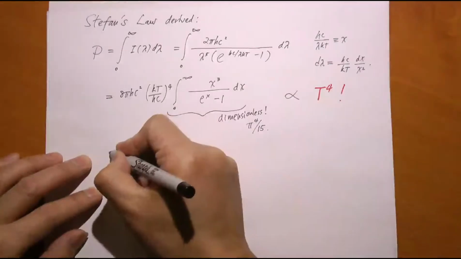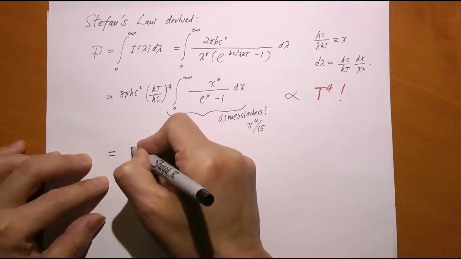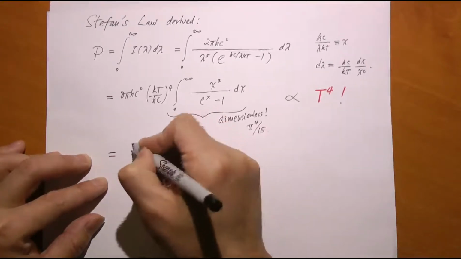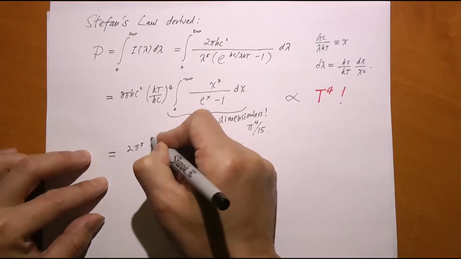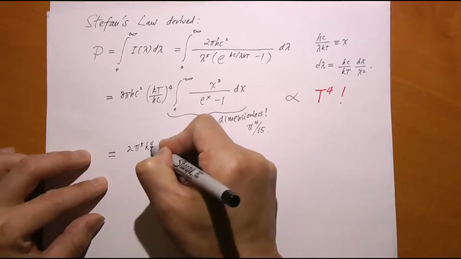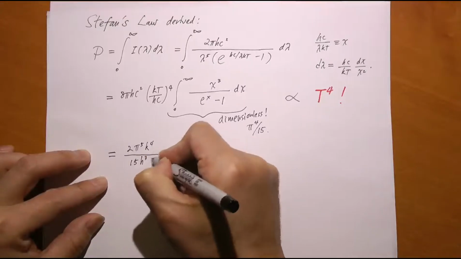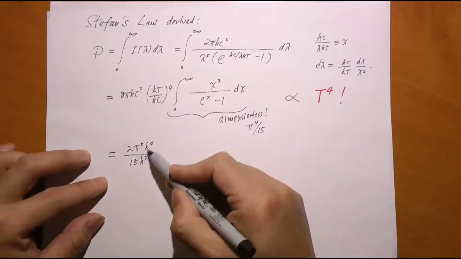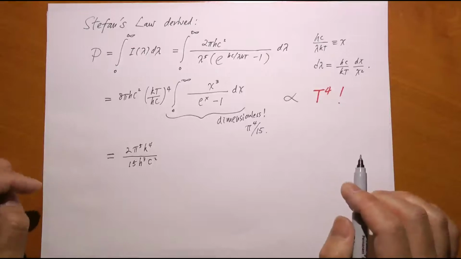And if you plug that in, you'll find P equal to 8 pi, pi to the power 4 over 15... actually, 2 pi to the power 5, k to the power 4, divided by 15, h to the power 3, c to the power 2. All these values, pi, k, h, c, we have their precise numerical values.